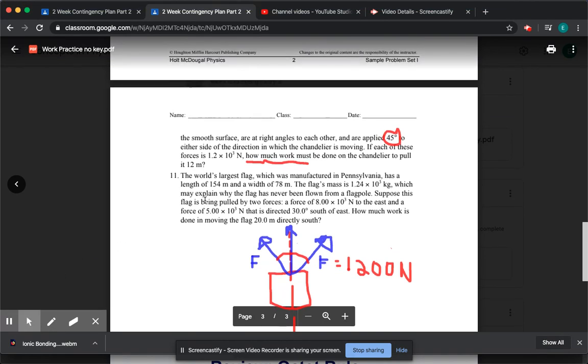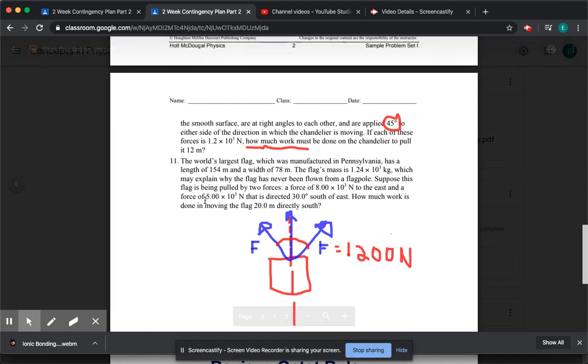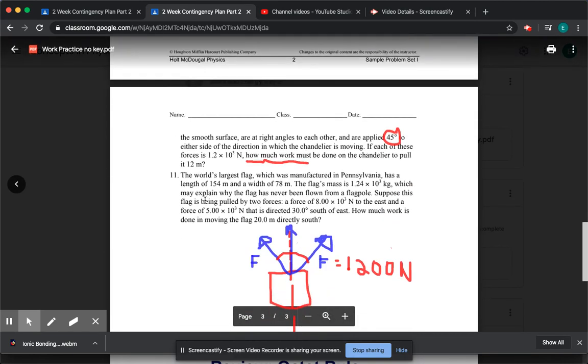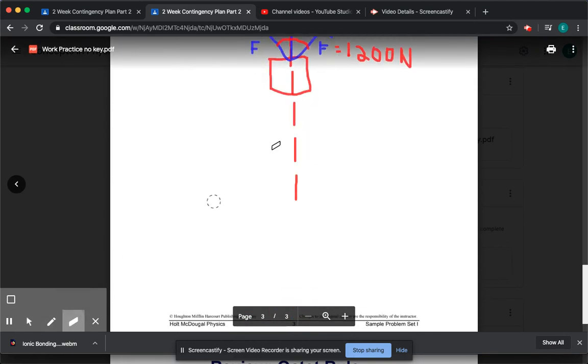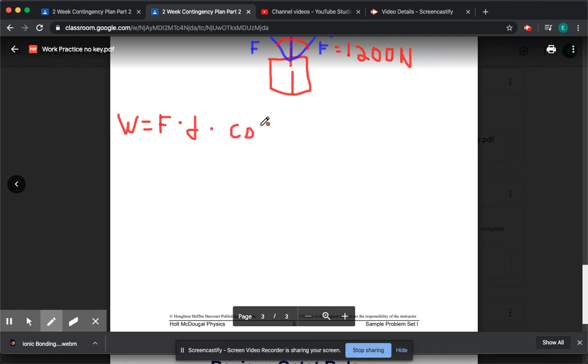And now we can start setting up the problem. So let me erase the bottom of this dashed line now that we have the idea. So W is what we're looking for, and that is equal to F times D times cosine of our angle.